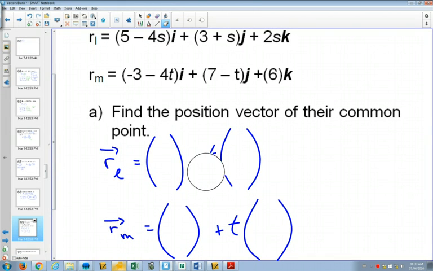The one has S, the one has T, so the parameter doesn't necessarily have to be the same. Some questions they will be the same. You can choose any variable you want for this.